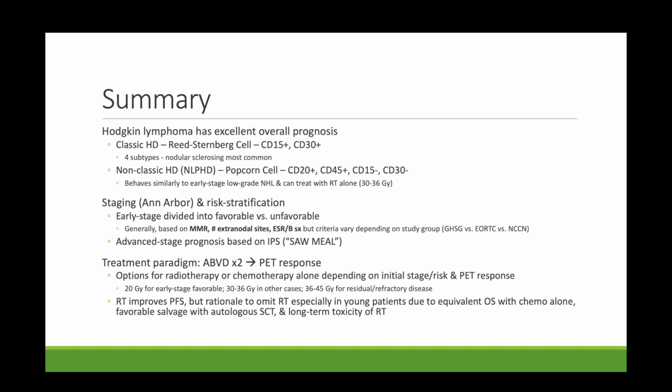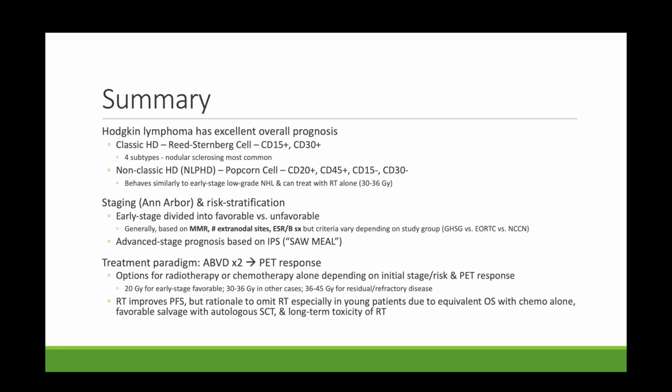So German Hodgkin versus EORTC versus NCCN. So it's important to recognize which study group risk stratification system you're using, and then based on that also which treatment paradigm you're using. And then remember, for advanced stage, we can prognosticate based on the IPS scoring system.